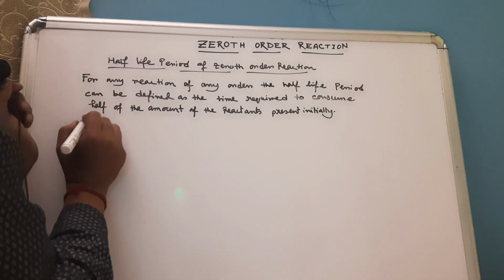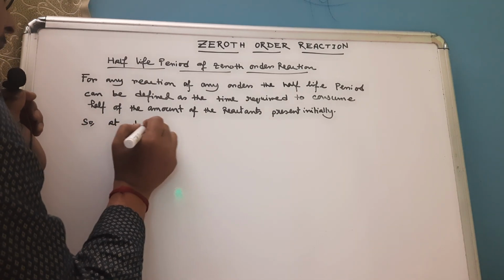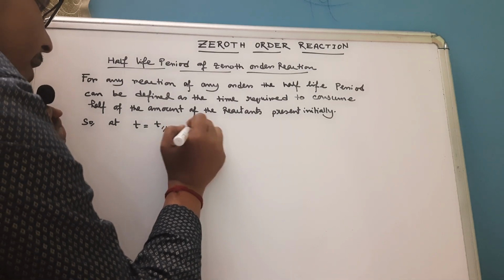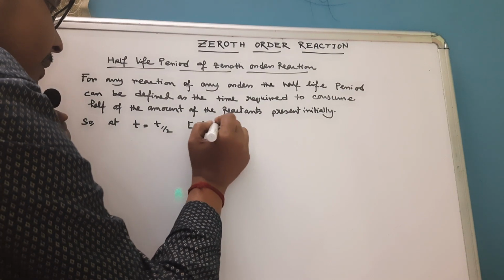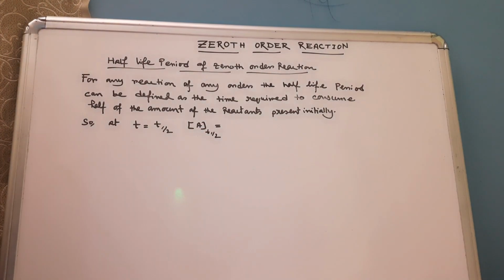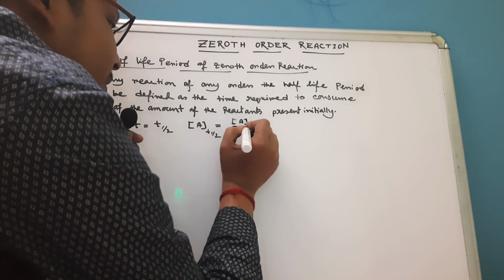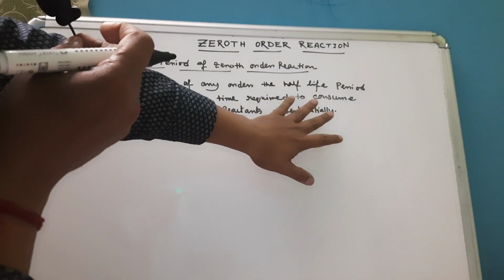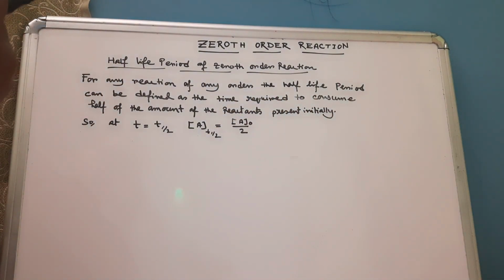So at t equals t half, this is the half-life period, the concentration at t half is nothing but half of the initial concentration, because half of the amount of the reactant is consumed, so half of the amount of the reactant is left.